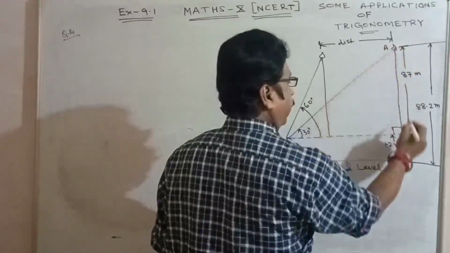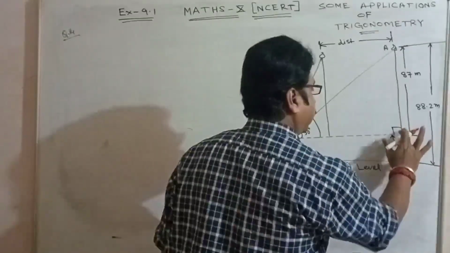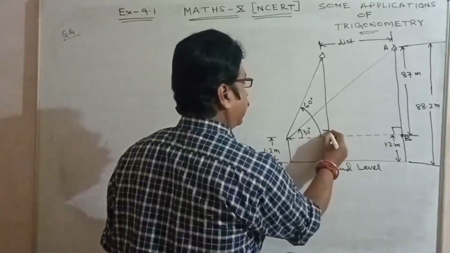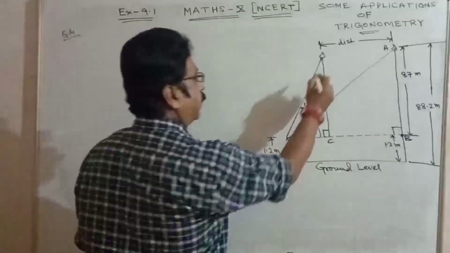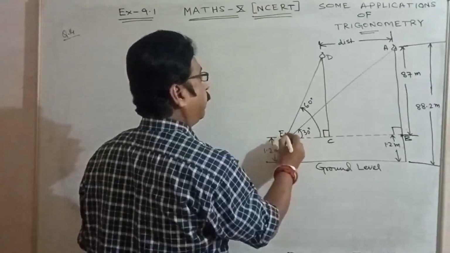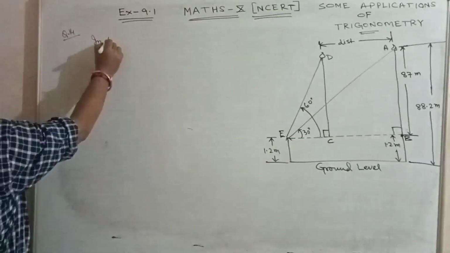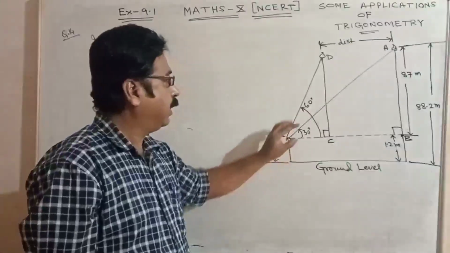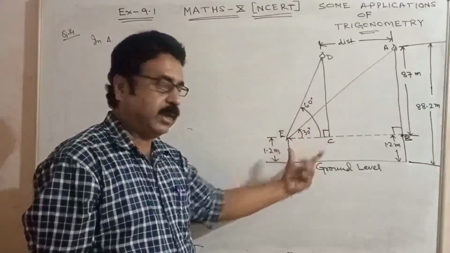Suppose this is A, this point is B, or right here, this point is B. This is C. Suppose this is D, this is E, point E. In triangle CDE, 60 degree, this will be the perpendicular CD, base will be CE.